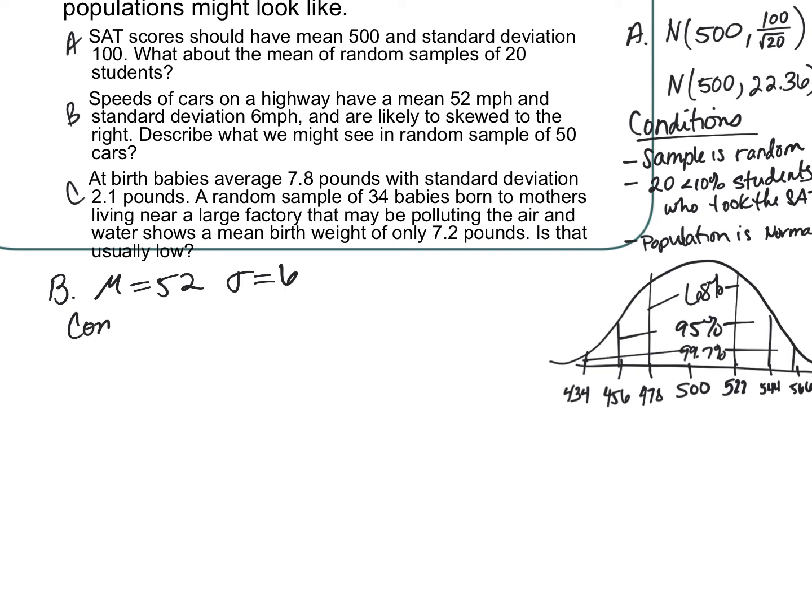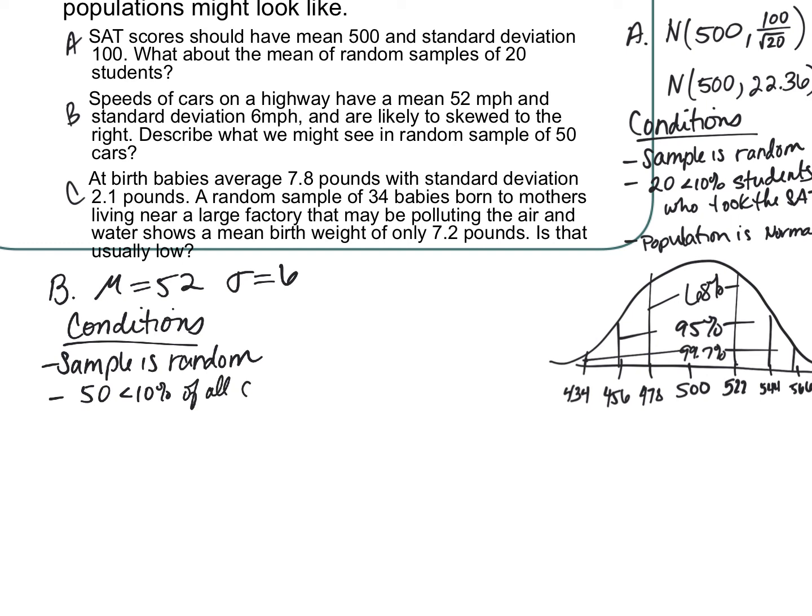So, our conditions. Sample is random. 50 is less than 10% of all cars. And 50 is large enough. Remember, our threshold for large enough to apply the central limit theorem is about 25.